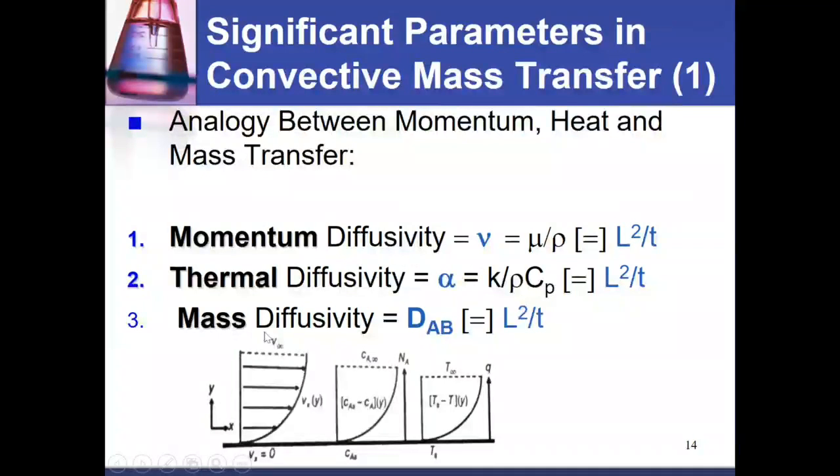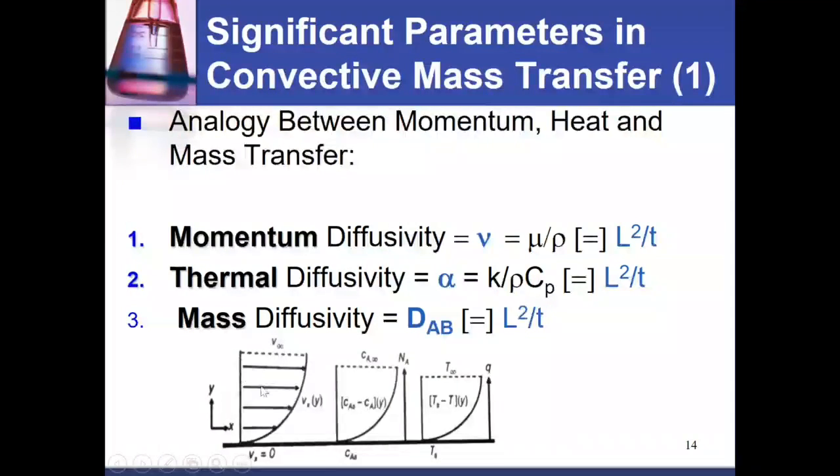And in this course we have mass diffusivity, which is DAB, and it is length squared per time. So you see that these three quantities, momentum diffusivity, thermal diffusivity, and mass diffusivity, have the same dimensions: length squared per time. So there's an analogy between them.